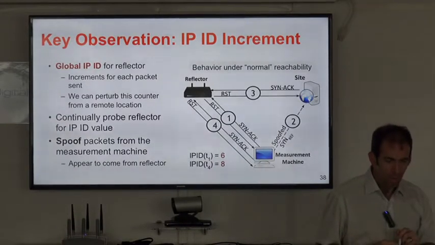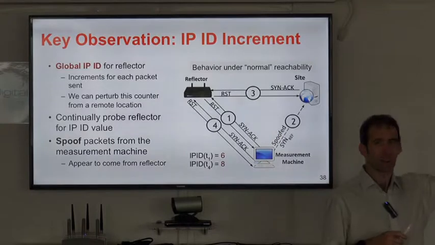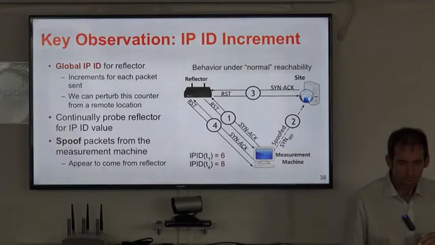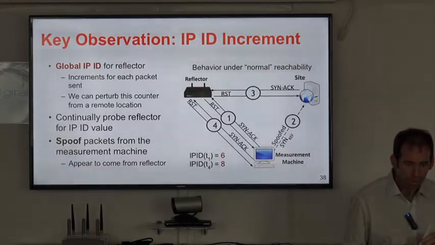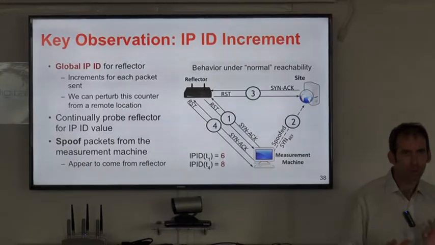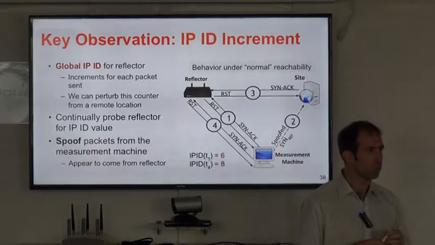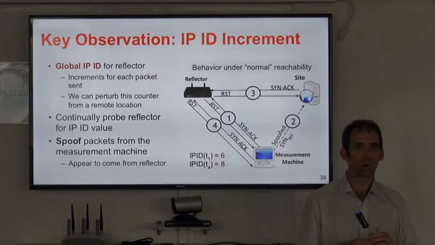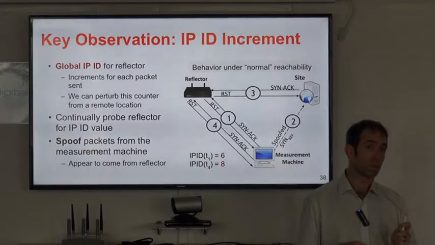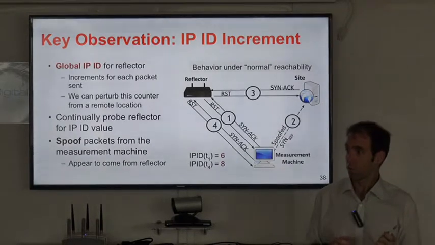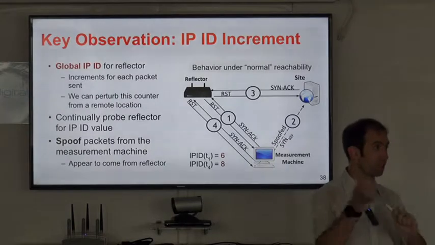That IP ID will increment as new packets get generated, and different versions of the operating system will increment it in different ways. One way is to have a counter for each TCP flow.